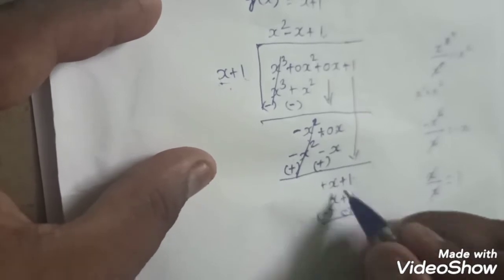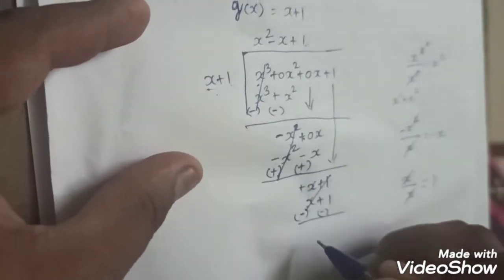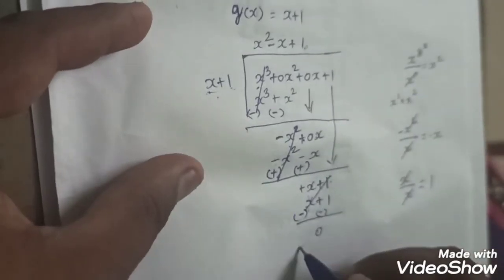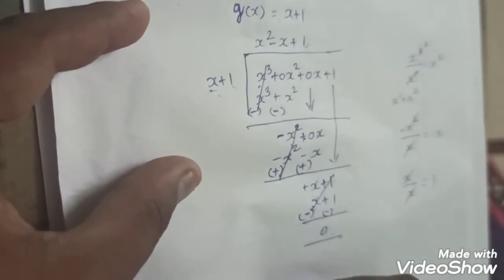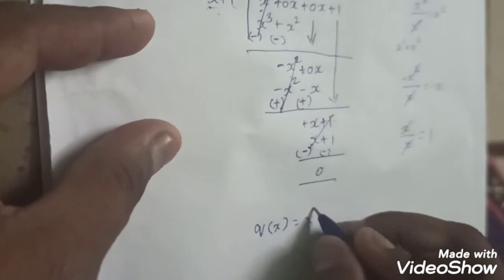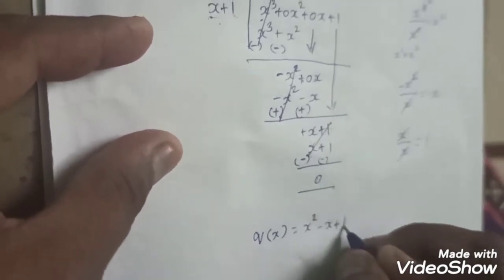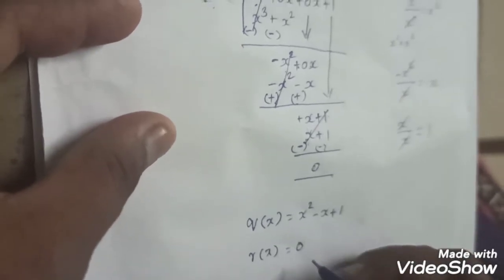All the terms have the same variable and constant with a different symbol, so the total expression will get 0. Now you see, this is the quotient and this one is the remainder. So quotient q of x is equal to x square minus x plus 1, and then remainder r of x is equal to 0.